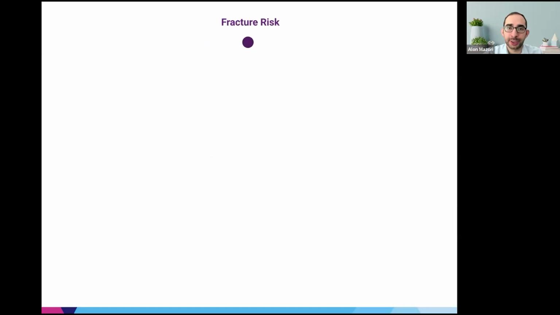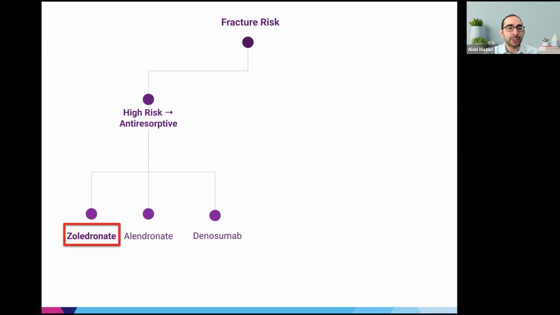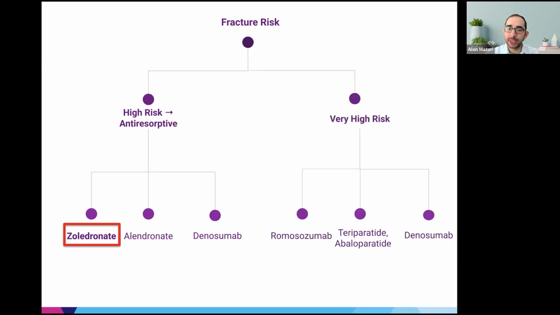And if we start with fracture risk, we see that if the patient is high risk, we'll consider initial anti-resorptive therapy, which includes zoledronic acid, alendronate, and denosumab. And for the reasons I discussed earlier, many patients of mine elect for zoledronic acid or zoledronate. If there is very high risk, we will consider these medications: romosozumab, teriparatide, abaloparatide, and denosumab.